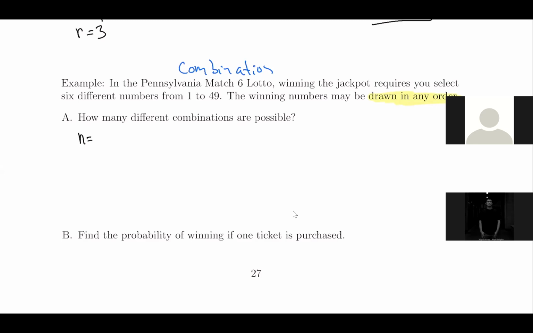The order doesn't matter how you select it. So this is a combination. How many numbers do I have to choose from? 49. How many numbers am I choosing? 6. So we're going to say 49C6.